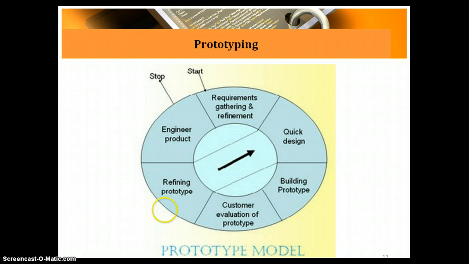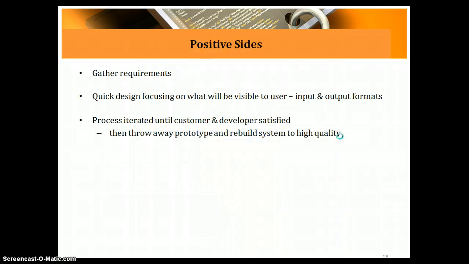After that you will refine your prototype, and again you will go for the quick design, then build your prototype, customer evaluation, then again refine, again quick design, again build prototype, customer evaluation, refine. If no refinement is needed, at last you will engineer your product. That means now you are allowed to do the proper analysis, design and development, and after that it will stop. So this is the prototyping process model.